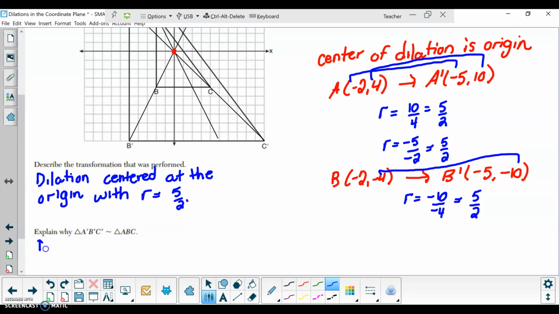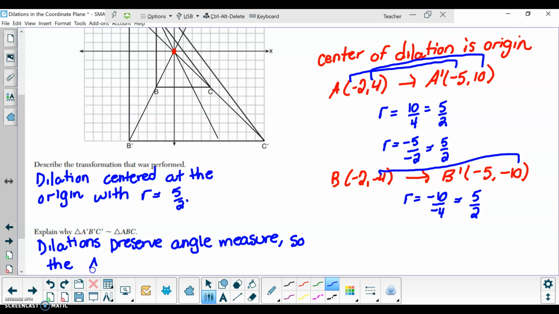So here we can say dilations preserve angle measure, so the triangles are similar by angle, angle. And angle, angle is one of the theorems that we talked about in the very beginning of the unit, right? Okay.